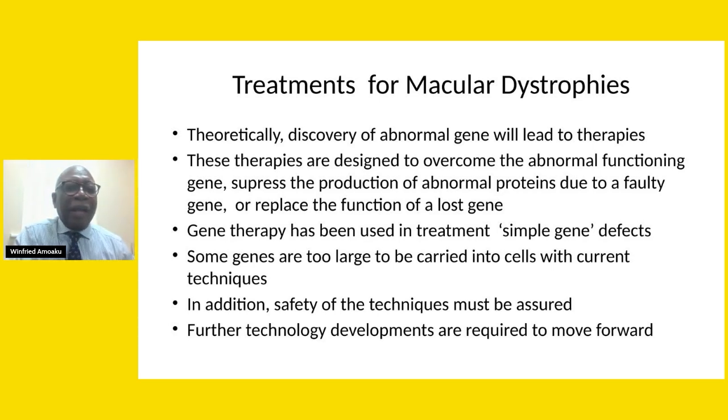Now, gene therapy is a bit complicated because you have to get the gene into the eye to do the job, and you need to load the gene onto a particular, we call a vector, and those vectors are usually particular viruses, but the size of the gene will determine how you can load it onto the particular vector. You can't carry a lot of things in the boot of your car, but you can carry a lot more things in a minivan or HGV.